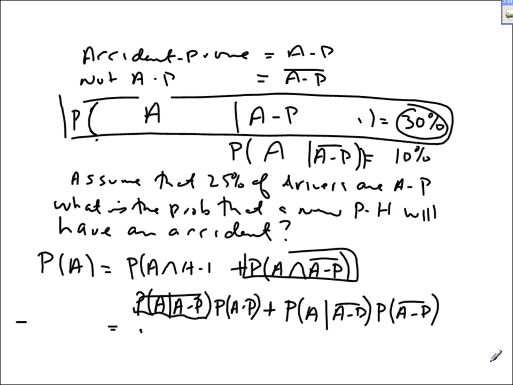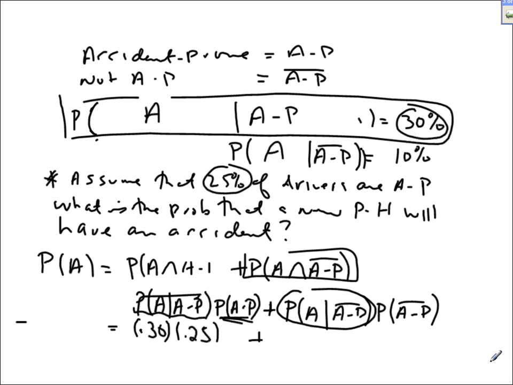is 0.30, times the probability that you are accident-prone. Well, this line here: assume that 25% of drivers are accident-prone. So the probability that you're accident-prone is 0.25, plus the probability that you have an accident, given that you're not accident-prone.